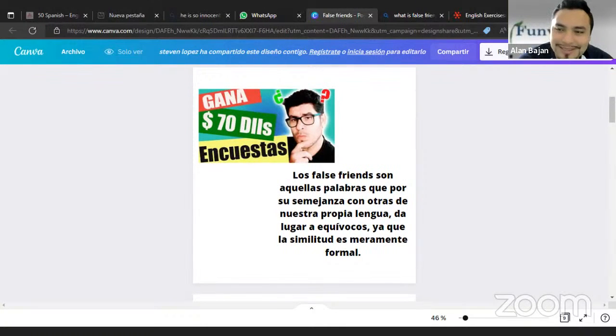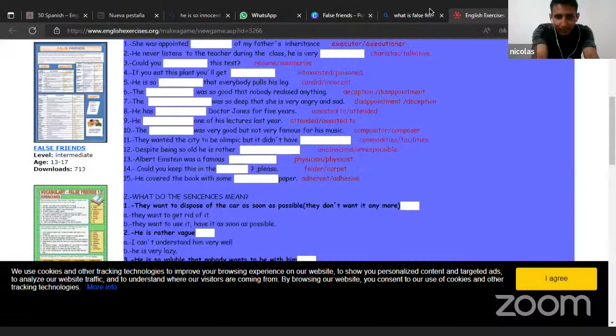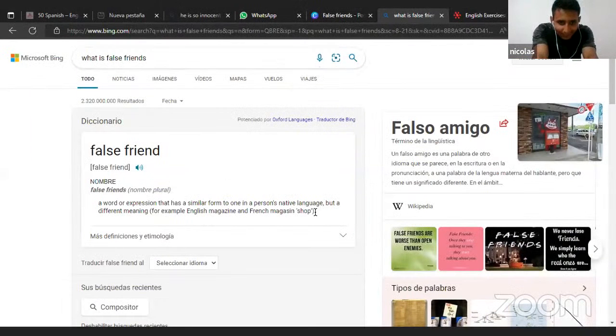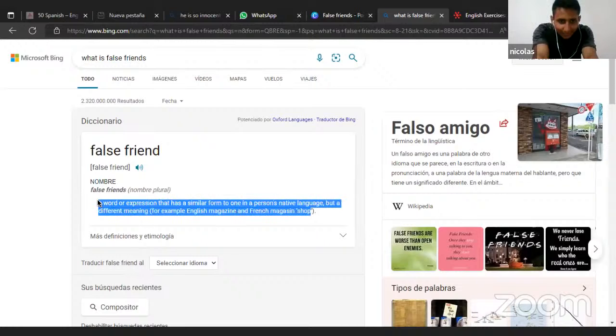It should be in English, guys. Come on. A word or expression that has a similar form to one in a person's native language, but a different meaning. Next. For example, English magazine and French magazine shop.